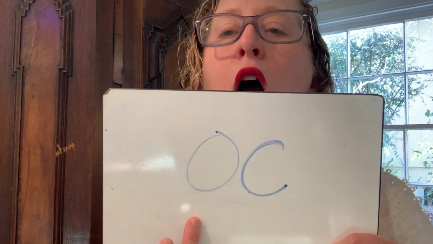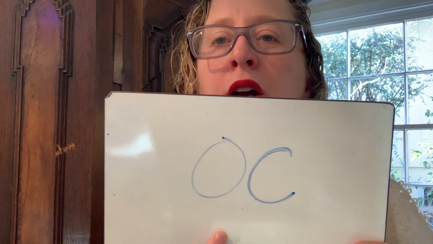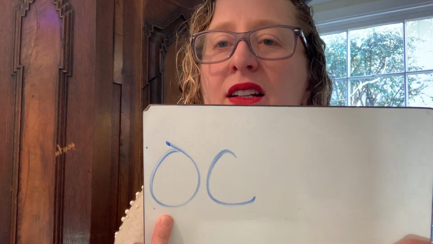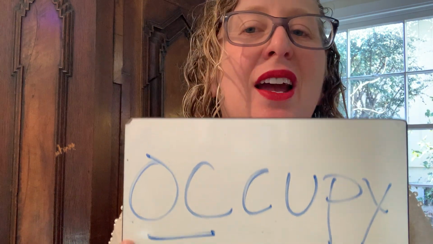Now, O-C. Say it with me. Ock. Ock. Let me move it over a little bit. Here's my sight syllable, ock. Now I'm going to transform it. Say it with me.